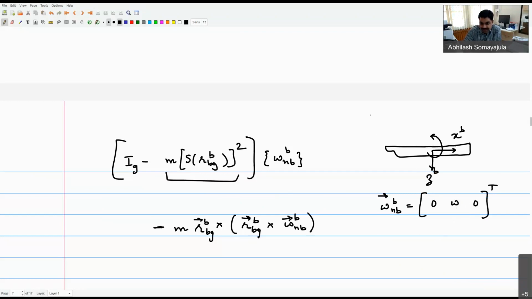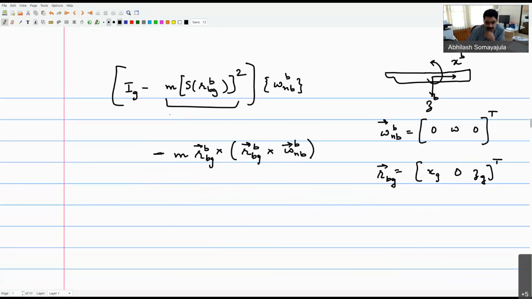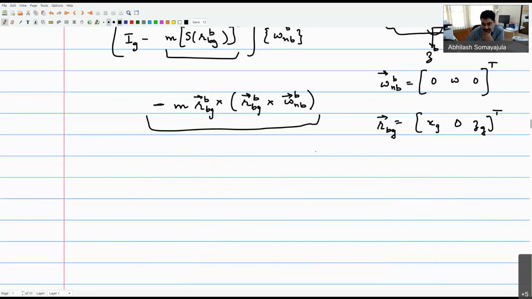And let us say that we are looking at a ship-shaped section. So RBG will be, let us say, some xg, yg will be 0 because symmetric about the center line, times zg. All right. Now, can you compute this entire thing, minus m times RBG cross omega NB? Let's try to do that.